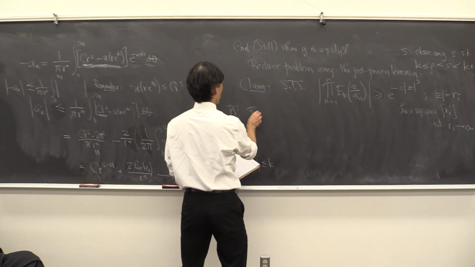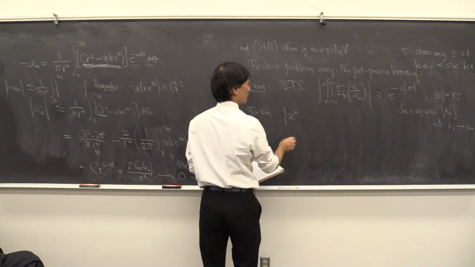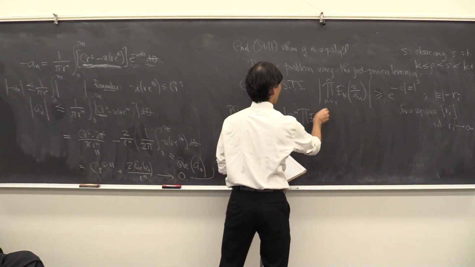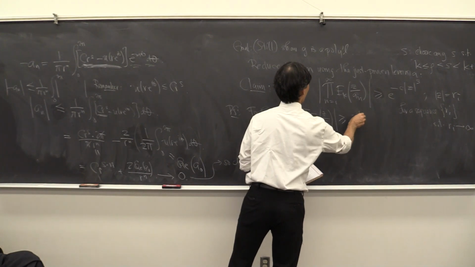So why is this enough? For then, if we multiply by z to the m, that thing is still going to be big, still bounded below by our bound.